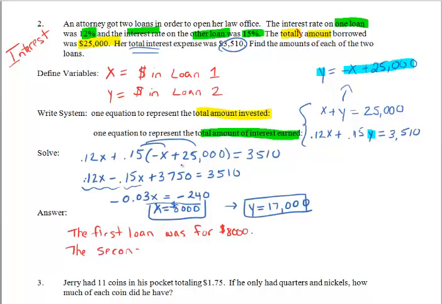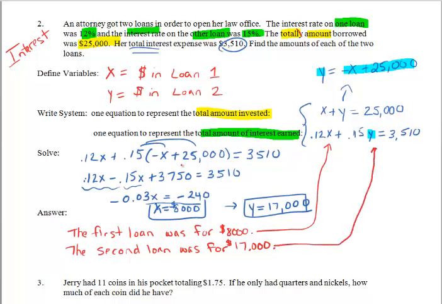The second loan was for $17,000. Okay, if I want to check my work, I would plug these back in, the 8,000 in for X, the 17,000 in for Y, and check to make sure that I got $3,510.